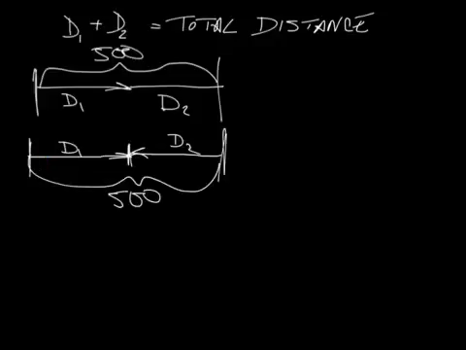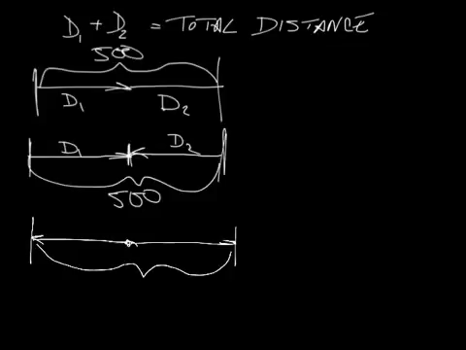The other option is that you both start here. One of you goes this way, home after Dairy Queen, and this one goes back to the school after Dairy Queen. So you start at the same place, you just end up going separate or opposite distances or opposite directions, but you still end up going 500.